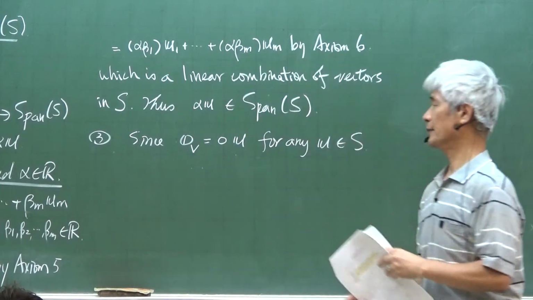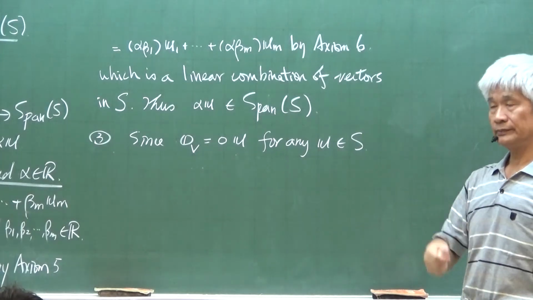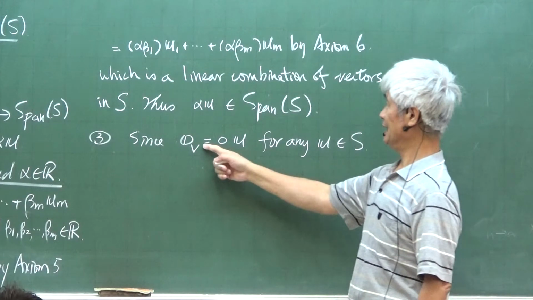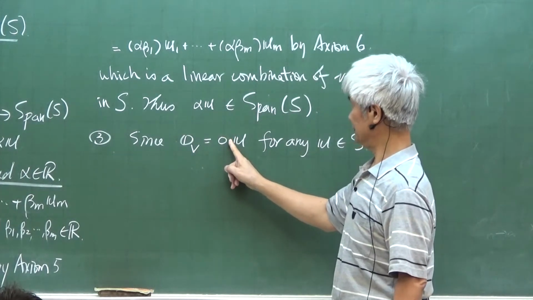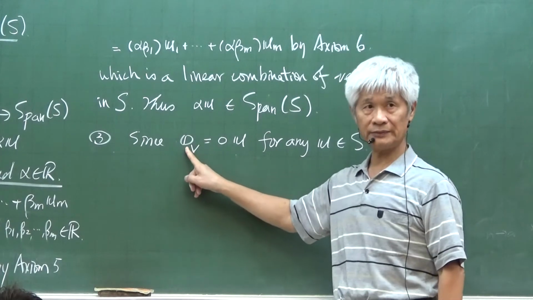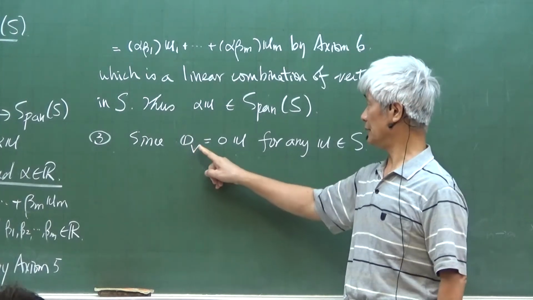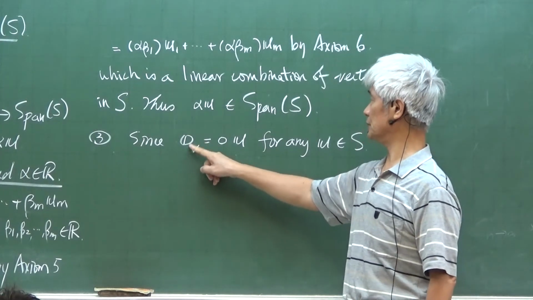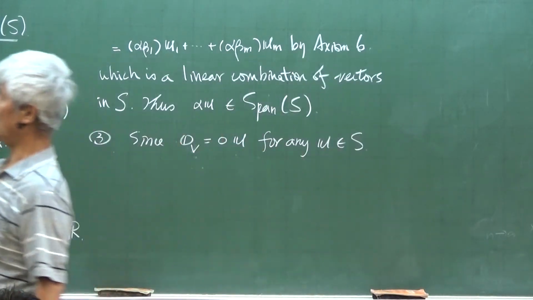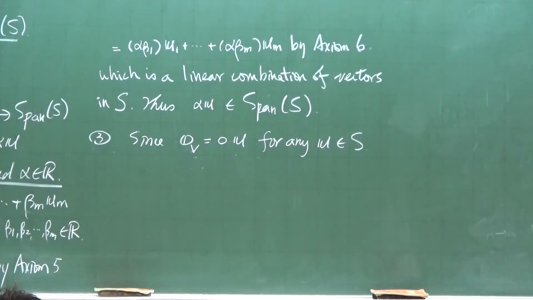Because we proved a theorem, I forgot the number of the theorem. Anyway, so 0 scalar multiplied with any vector is equal to the zero vector, right? And I use the subscript to denote that this is the zero vector of V. As we know, we proved that the zero vector is unique. We proved that before.